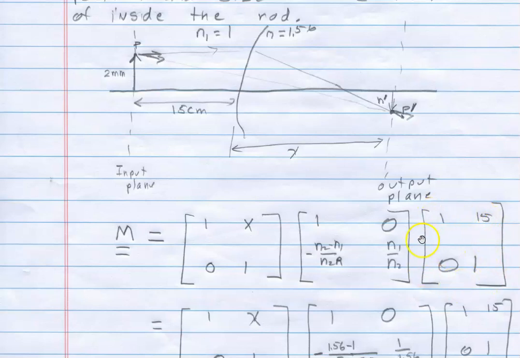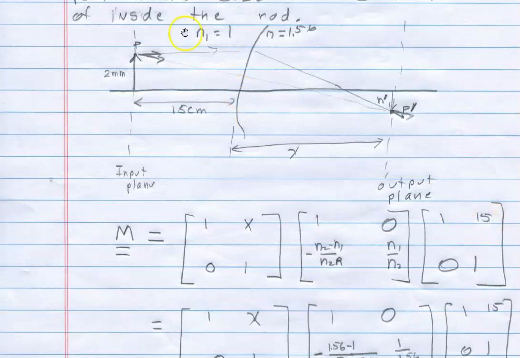When I wrote this down, I start on this side and get the matrices in reverse order. So I started over here. I'm going to translate by 15 centimeters, and if you look at the transfer matrix for a translation, it's 1, the distance of translation, 0, 1, and in this case, to go 15 centimeters, I have 15 centimeters up here.